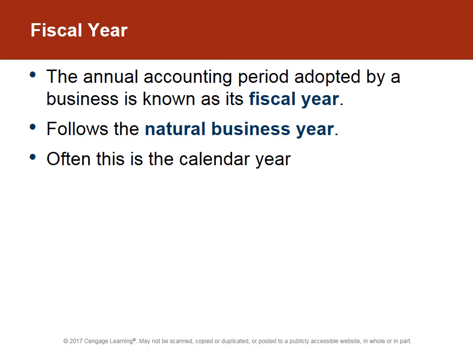And most of the time you'll see December 31st, which is a calendar year, but oftentimes you'll see a fiscal year. So if you've been following these videos, you recall in a prior chapter, I think it was actually in this chapter, I showed you the classified balance sheet of Walmart. And this was as of January 31st, 2017.